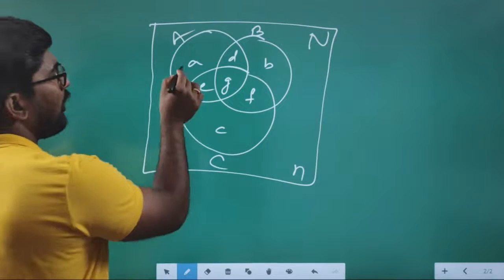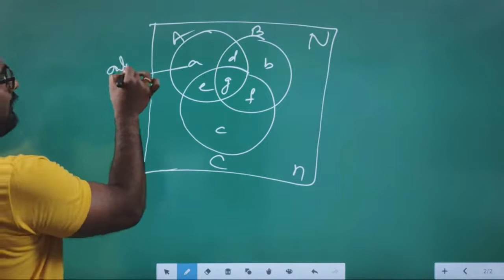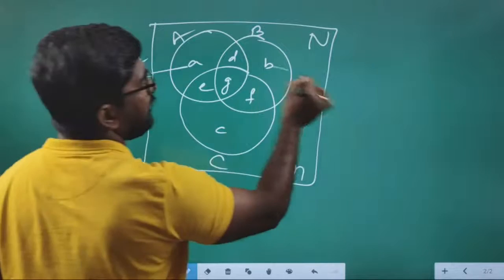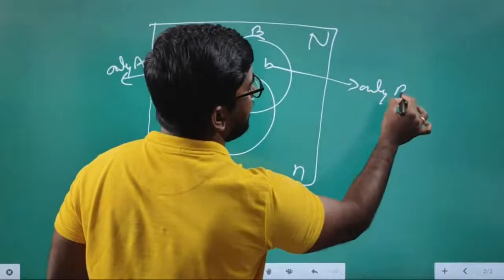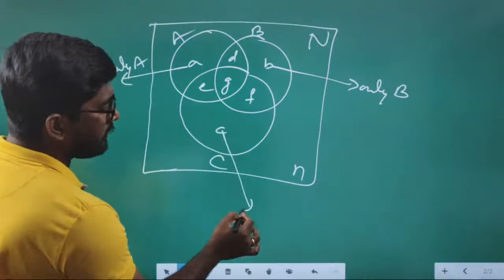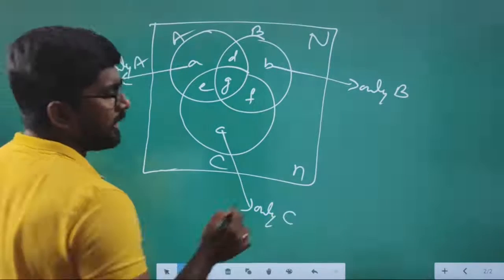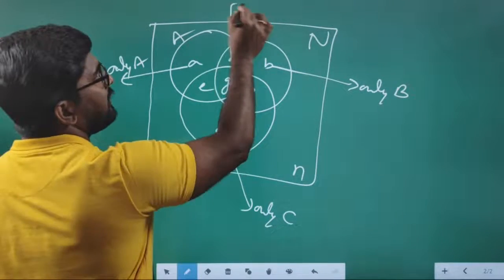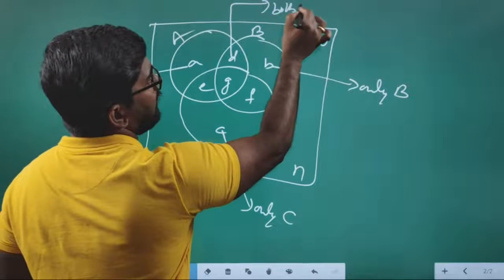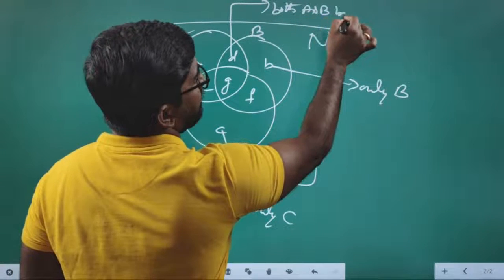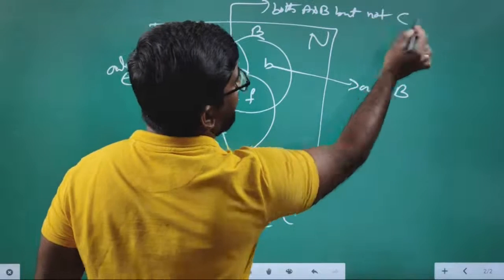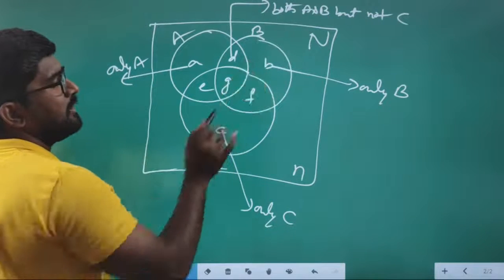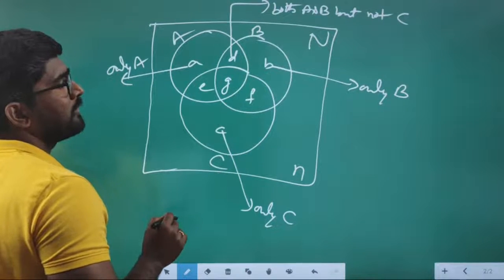So here small a represents only A, small b represents participating in only capital B event, small c represents participating in only capital C event, whereas d represents, all of you listen carefully, d represents both A and B but not C.